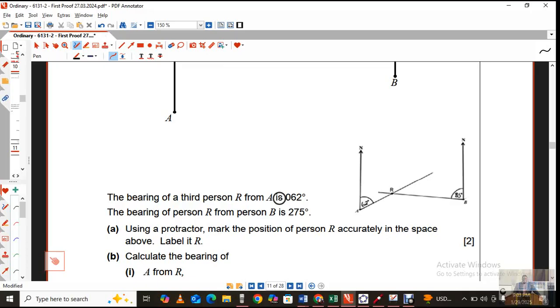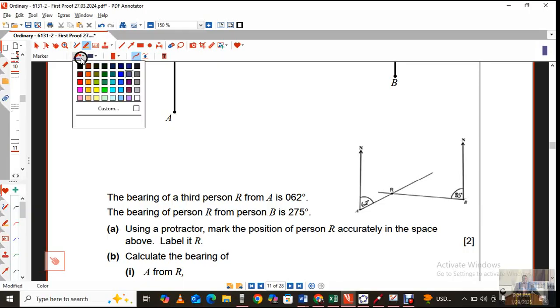Okay. From A, that means you go to A, you draw yourself an angle of 62 degrees. The bearing of person R from B is 275. So 275. So here's the thing.